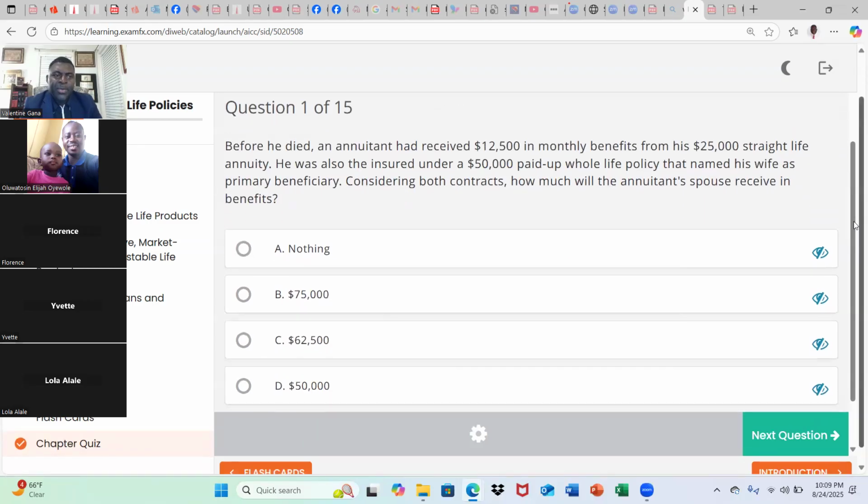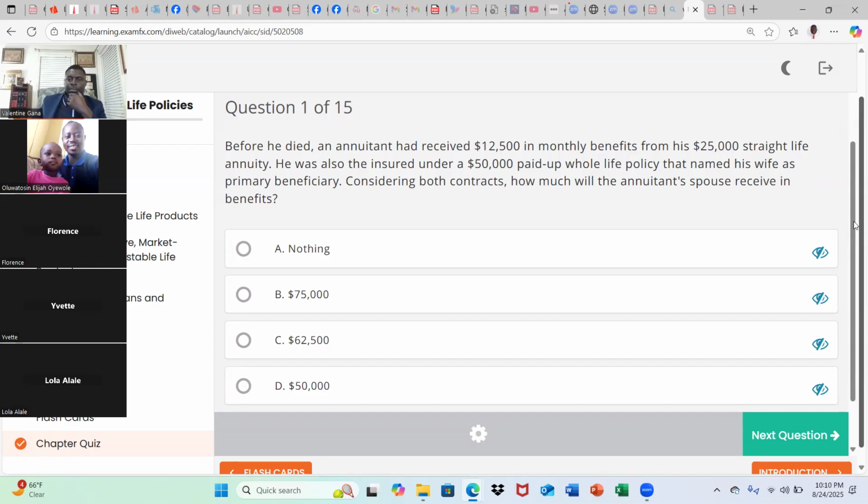Oluwatosin, are you there? You want to read this one? Before he died, an annuitant had received $12,500 in monthly benefit from his $25,000 straight life annuity. He was also the insured under a $50,000 paid up whole life policy that named his wife as primary beneficiary.